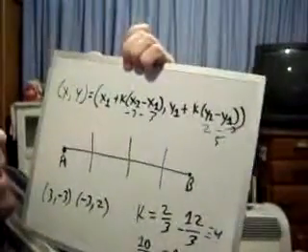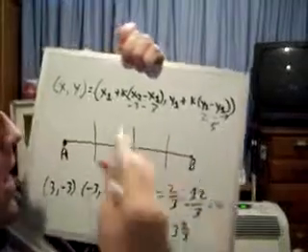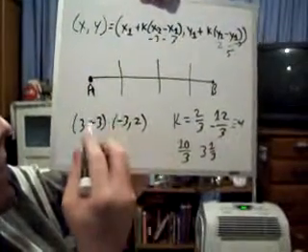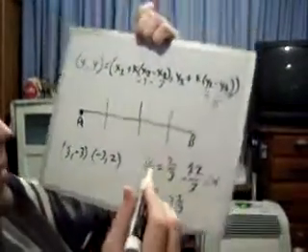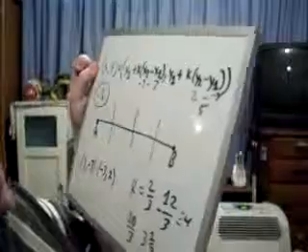Now, x1 is right here. It's going to be 3. 3 plus -4 is actually going to be -1. So your x-coordinate is going to be -1.